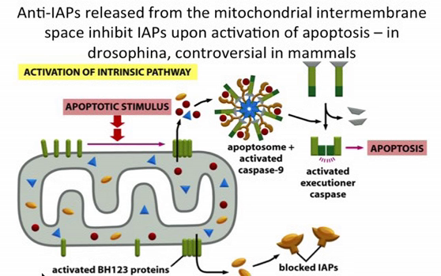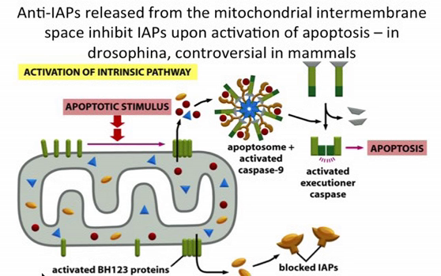Right? So you have your stimulus of apoptosis, your BH1, 2, 3 proteins. They oligomerize, form the pore, release all this stuff, including cytochrome C, which activates the apoptosome by binding APAF, remember? Activates caspases, activates executioner caspases, and then you have apoptosis. It also releases anti-IAPs that will block the activity of IAPs.